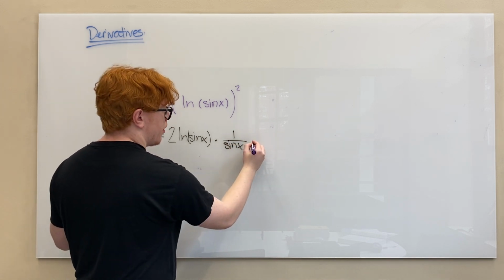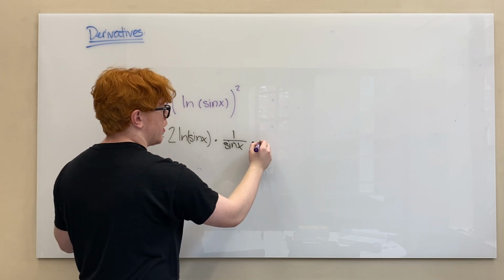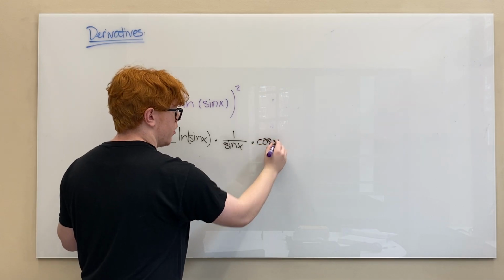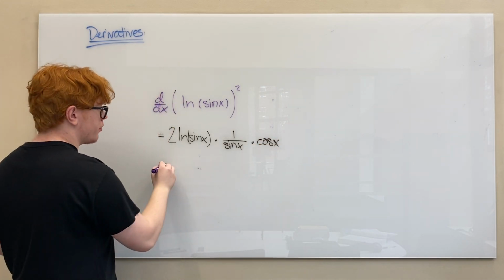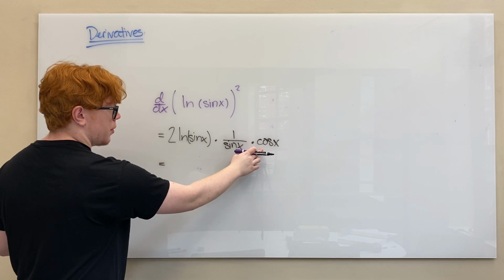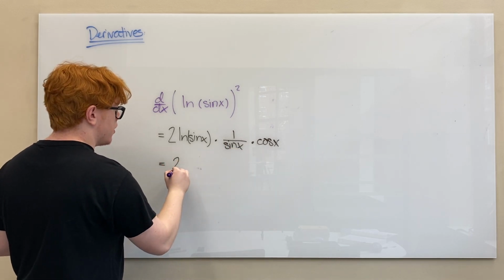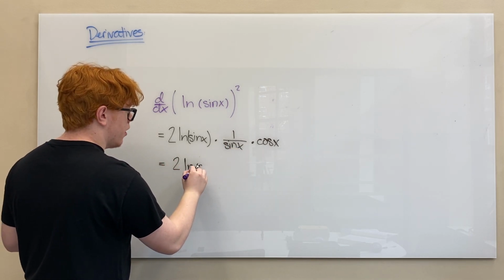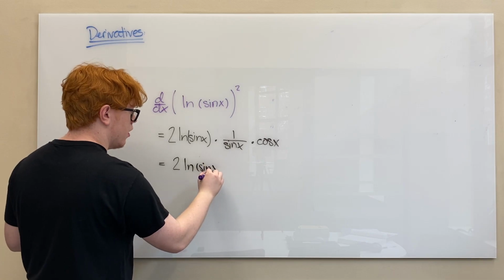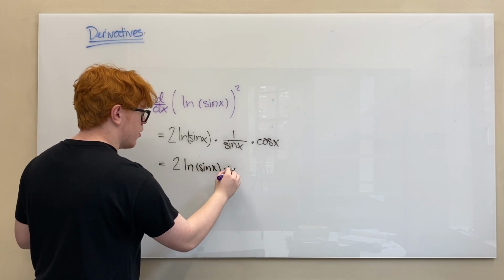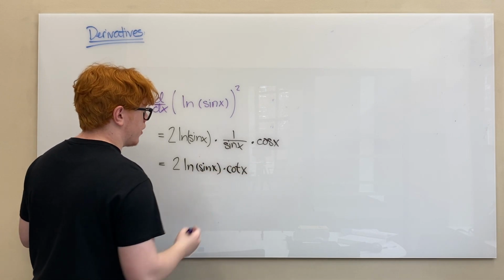And then the derivative of sine of x is cosine of x. Let's simplify this. This is going to be cotangent x, so this is going to be 2 natural log of sine of x times cotangent of x.